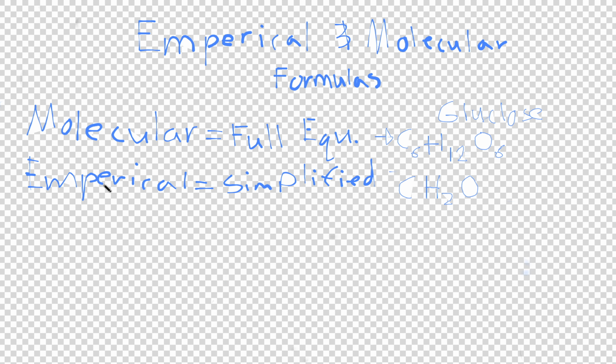Now, let's try this out with another one. Say we wanted to find ethane. The molecular equation of ethane, meaning the full equation, I'm going to write M for short, is C2H4.